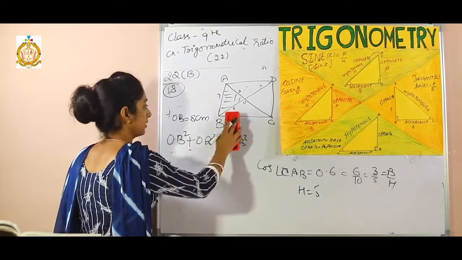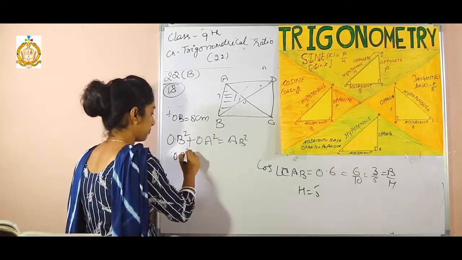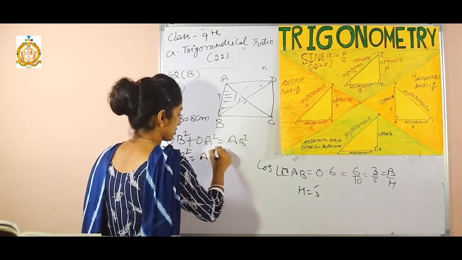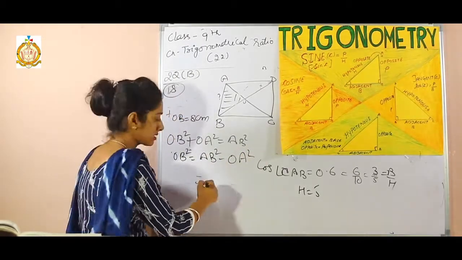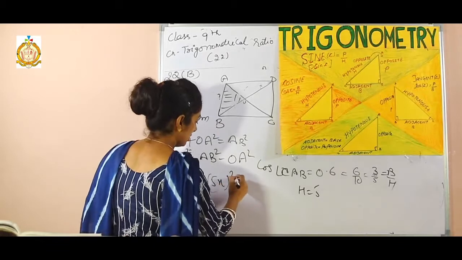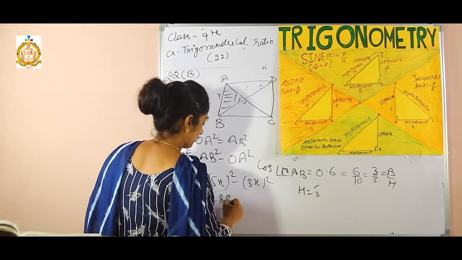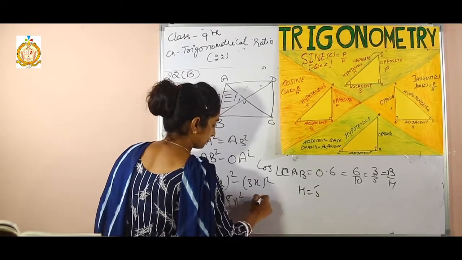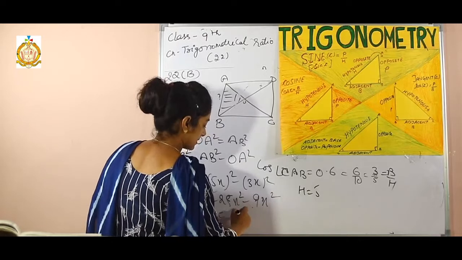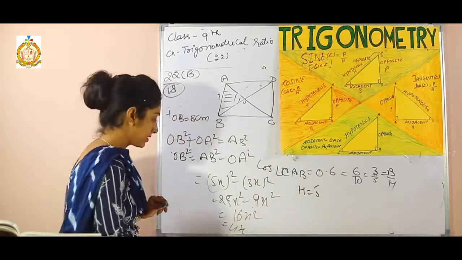Here is AB, right? So we have to find OB square, which is AB square minus OA square. Now this is 5x square minus 3x square, which is 25x square minus 9x square, 16x square, which is equal to 4x, right?